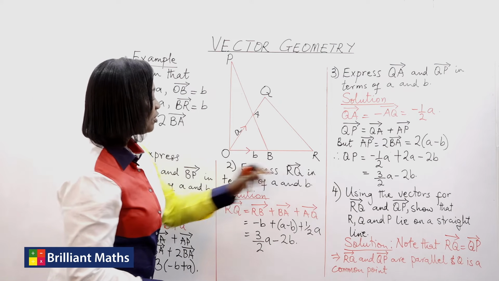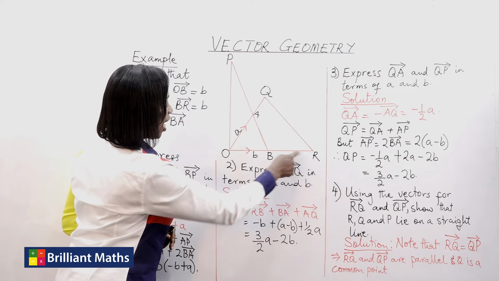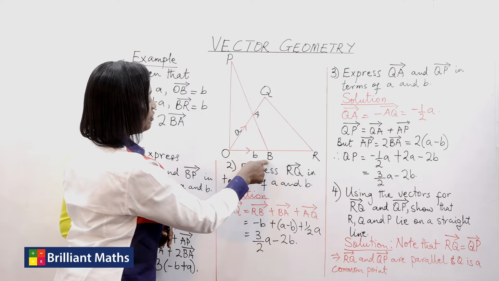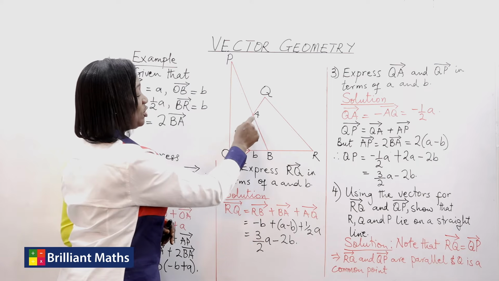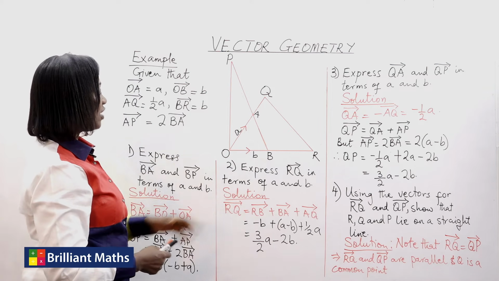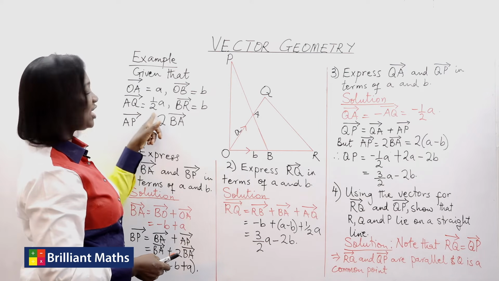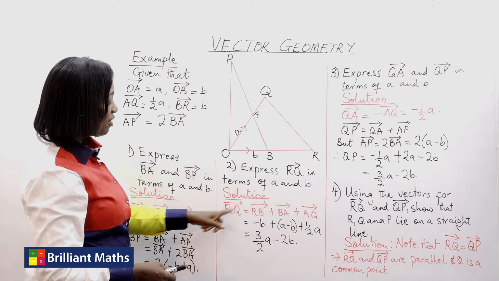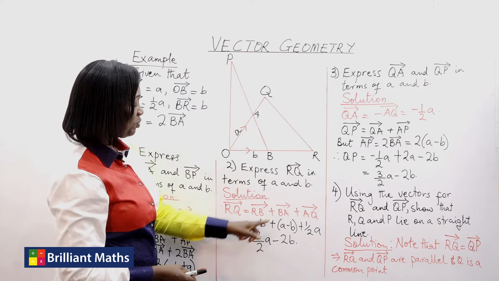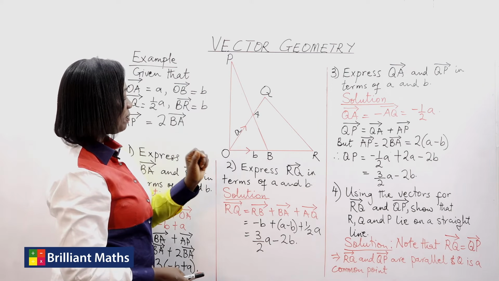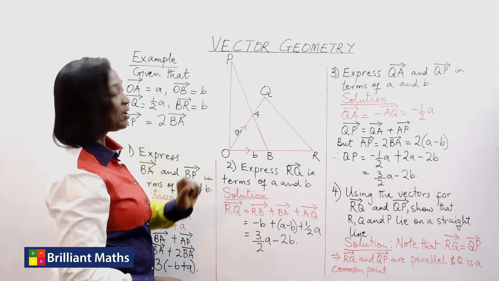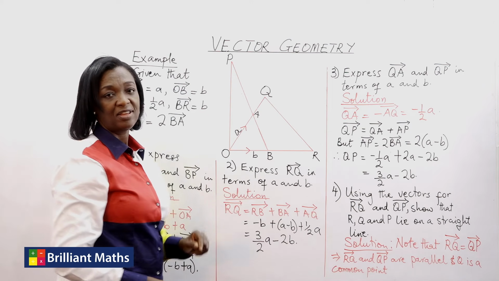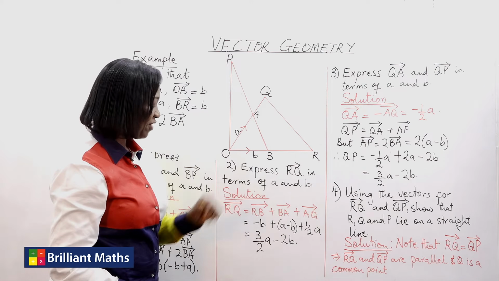So RQ will have RB plus the vector BA plus the vector AQ. And we know that AQ was given as half a. So RQ is minus b plus a minus b plus half a. So we simplify that algebra.